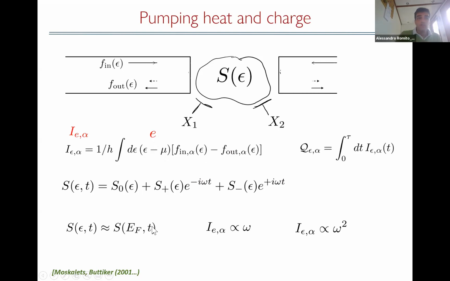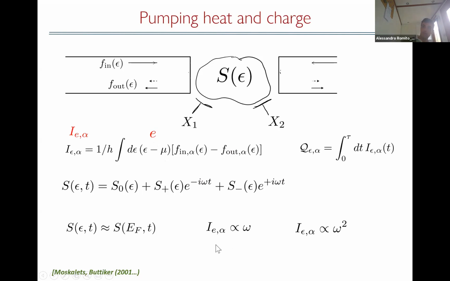Now, this is an old formalism, and everything is well known. What is usually done is you neglect the energy dependence of the scattering matrix at a given energy, and you replace it with its value at the Fermi energy. That's good enough to give the leading contribution to transport. If you do that, you obtain an electric current which is proportional to the driving, and you obtain a heat current which is next order in the driving, order omega squared.